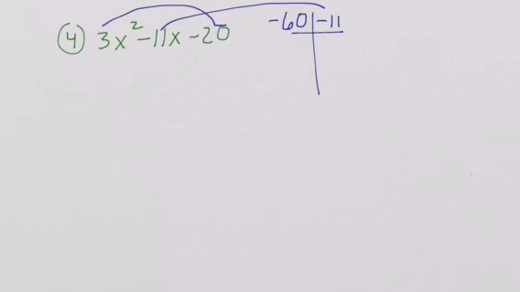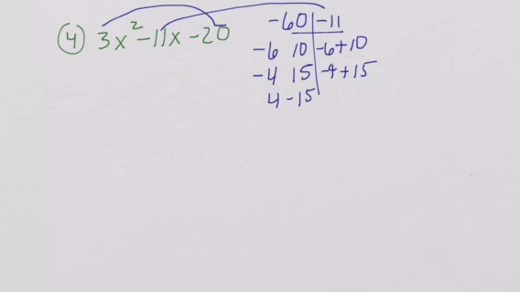We can try negative 6 and 10. But that does not give us negative 11. We could do negative 4 and positive 15. That gives us positive 11, so if we switch the signs on that, that should give us our negative 11.